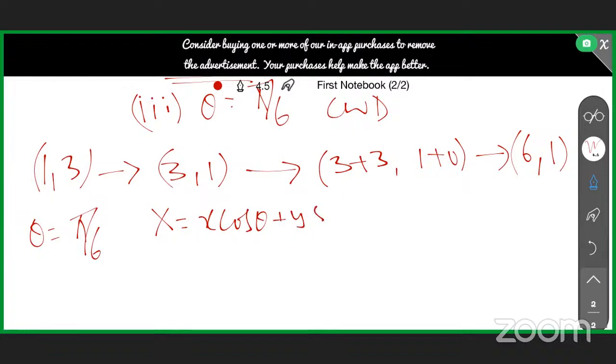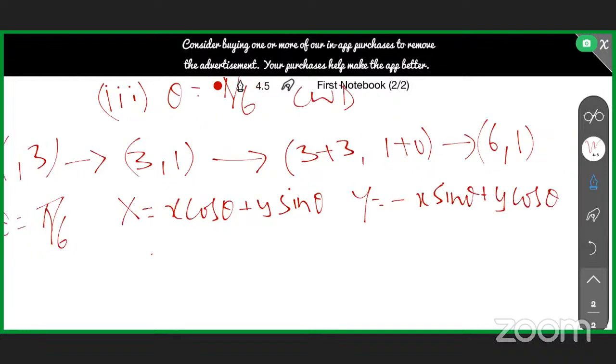So 6 cos pi by 6, that is cos 30, which is root 3 by 2, plus y value is 1 into sin 30, which is 1 by 2.